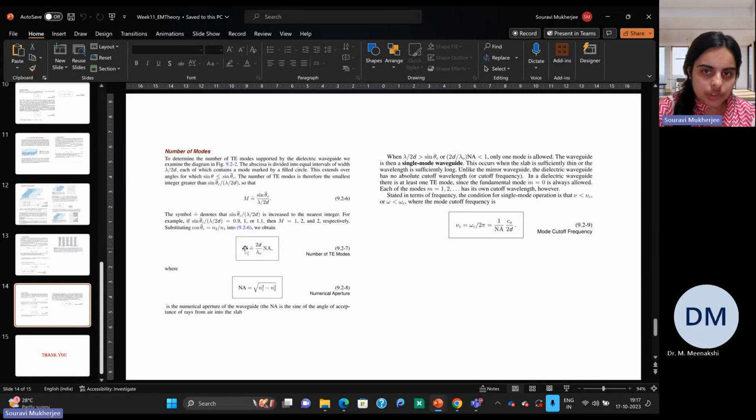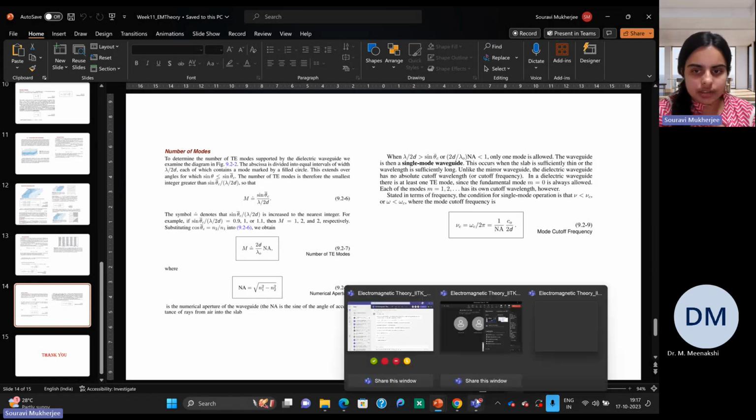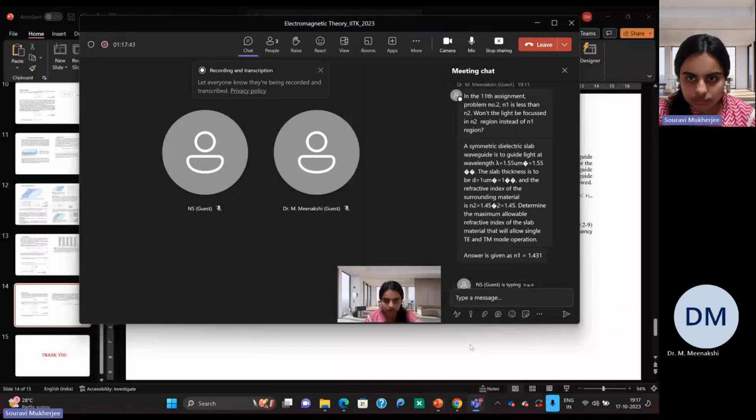In this case, for a single mode waveguide, that means it supports only one mode. So in that case, M is just 1. Putting M equal to 1 in this expression and writing the numerical aperture using this formula, you can try to solve this question that you just discussed. Your lambda is given, your d is given, you know N2, and the two mediums are also provided.